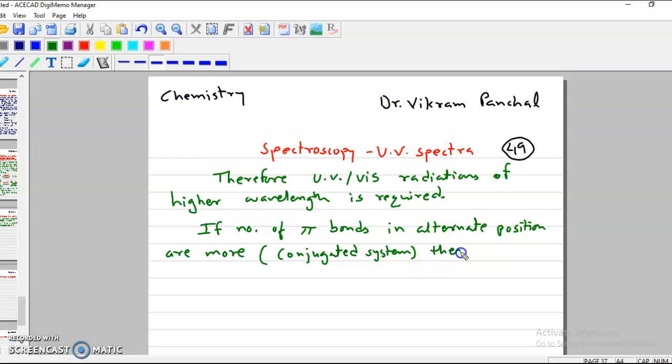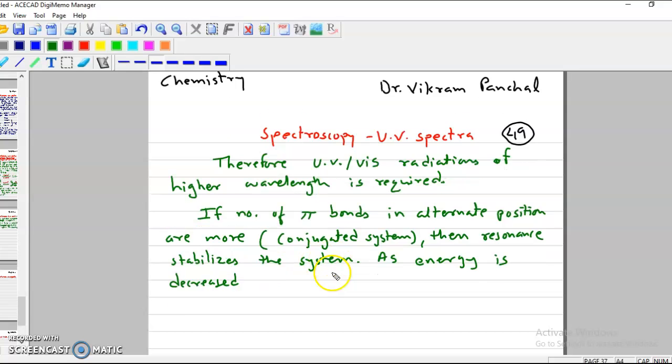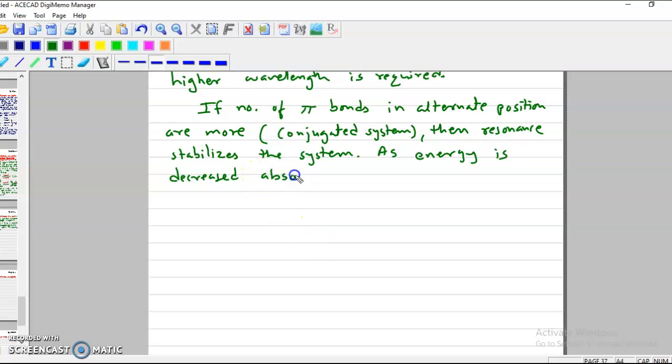Then resonance stabilizes the system, and as energy decreases, the absorption wavelength increases, which will lead to an increase in the value of lambda maximum.